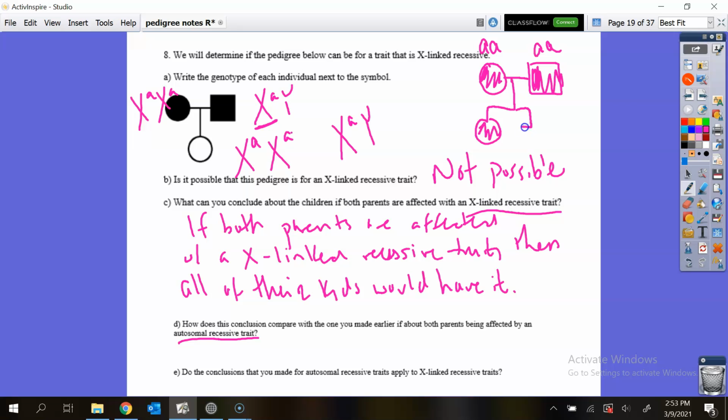If they had a son, son would have to get it, right? So it is the same deal. Do the conclusions hold? Yes. Okay. So a big way to see that it is a recessive inheritance pattern would be if both parents have it and all the kids have it. Then you have to look a little bit further to determine if it's autosomal or sex-linked.